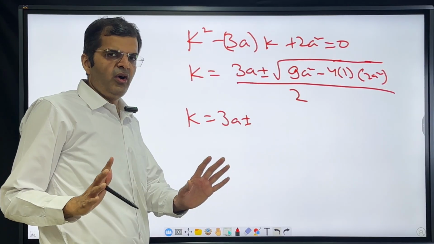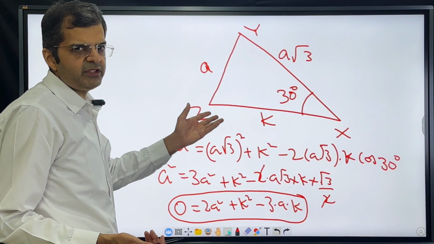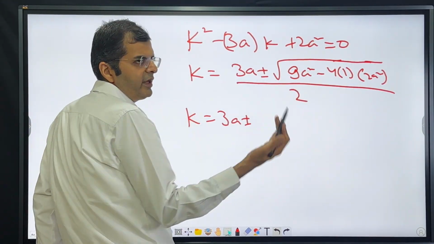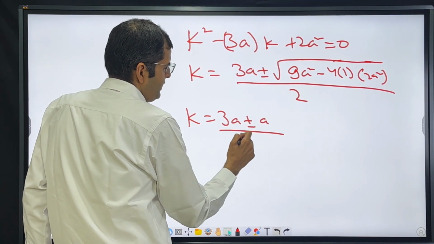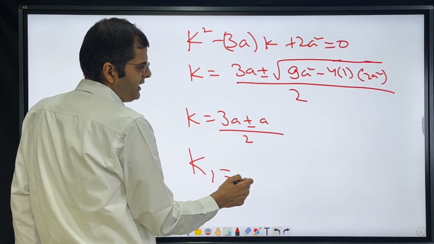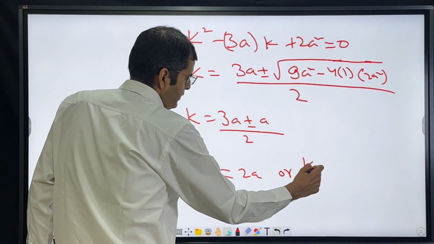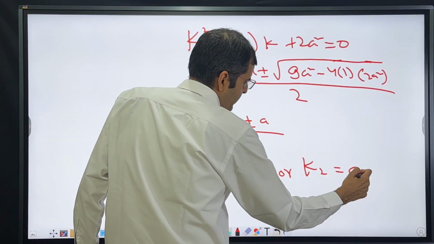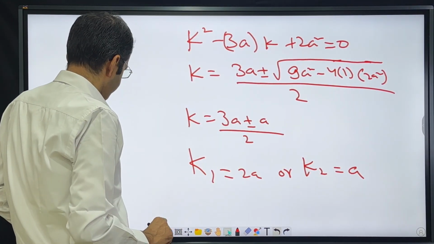Under root of A squared is mod A, but A is already positive because A is the length of a side. A cannot be negative. So under root A squared is A. This becomes 3A plus minus A divided by 2. So K1 is 3A plus A by 2, which is 4A by 2, which is 2A, or K2 is 3A minus A, which is 2A by 2, so it is A. So either it is 2A or it is A.